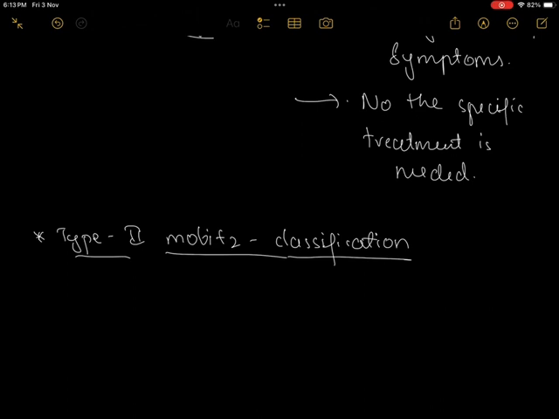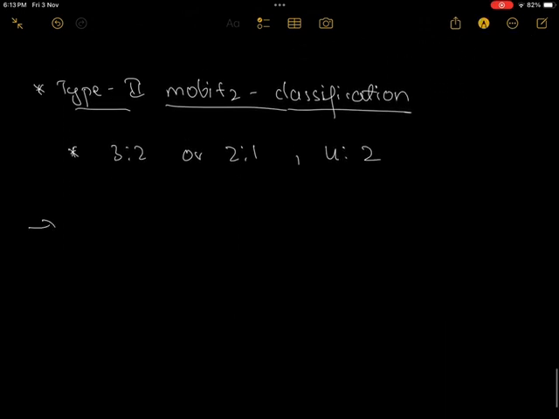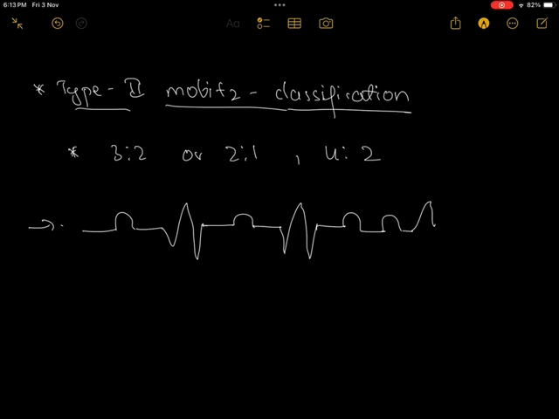Usually the ratio will be around 3:2 or 2:1 or around 4:2. It implies that if there is continuous formation of 3 PQRST complexes, then there are chances of dropping of 2 QRST complexes.